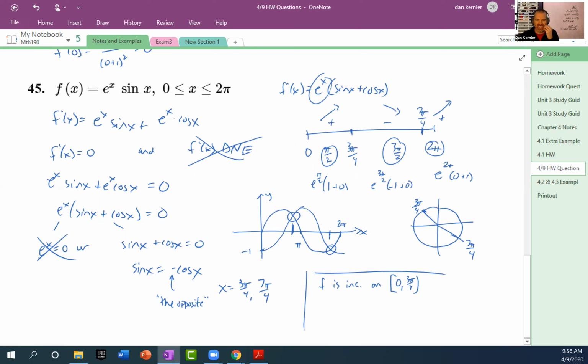It's hard because we didn't test there, but that wasn't a spot where the derivative was 0, so it is still increasing there. And then it's also increasing on the interval, not 7 pi over 4, but starting there to 2 pi. And then f is decreasing on the interval in the middle there, 3 pi over 4 to 7 pi over 4.